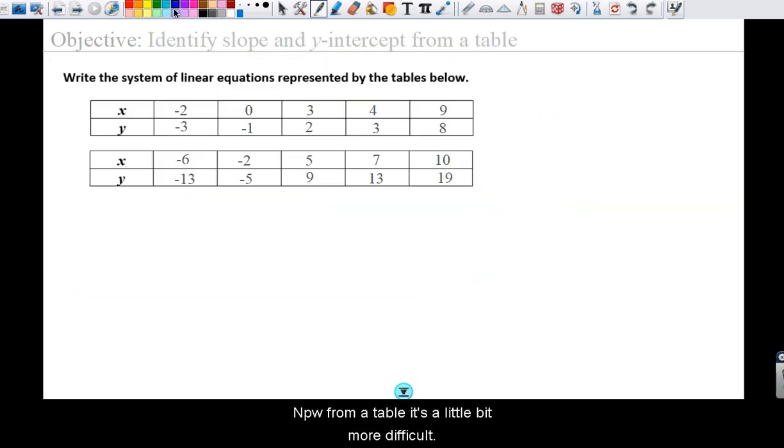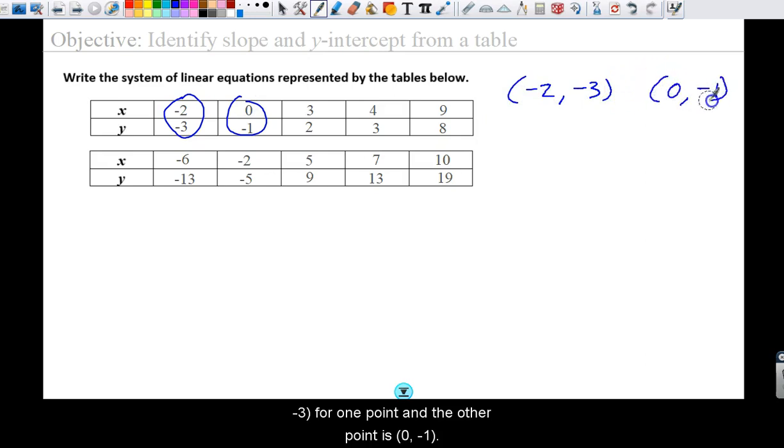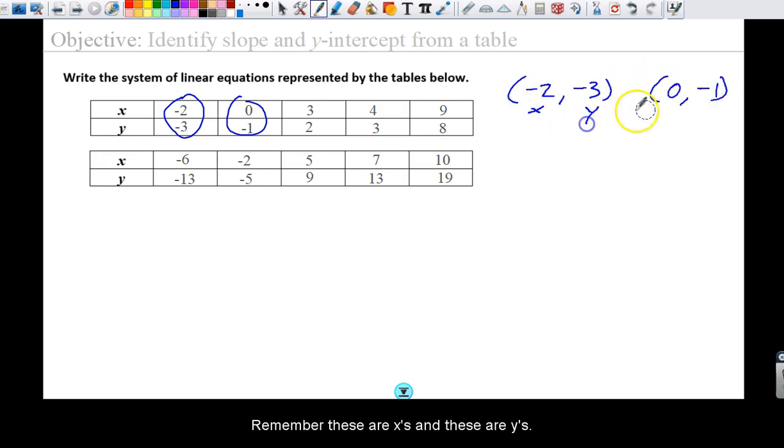Now from a table, it's a little bit more difficult. From a table, what we have to do is, again, just pick two of the points, here and here we'll say. So we have -2, -3 for one point, and the other point is 0, -1. And remember, these are x's and these are y's. And I want to find the slope.